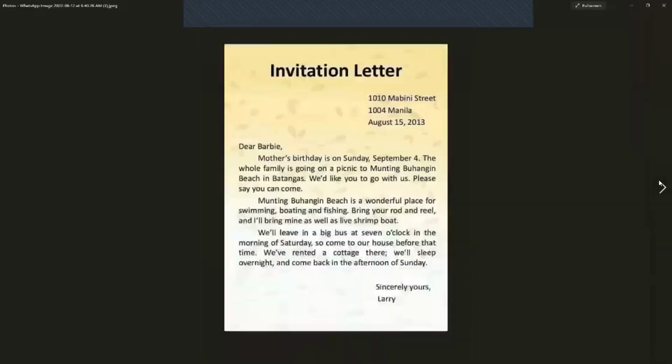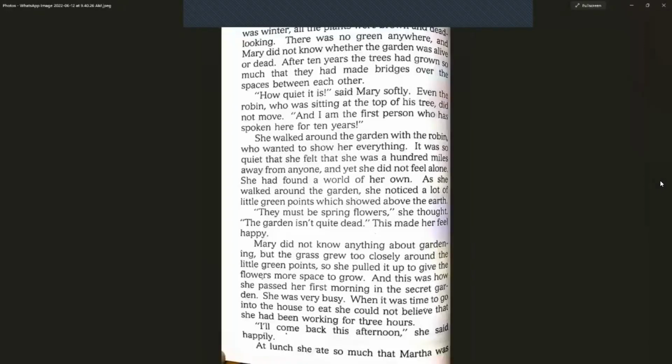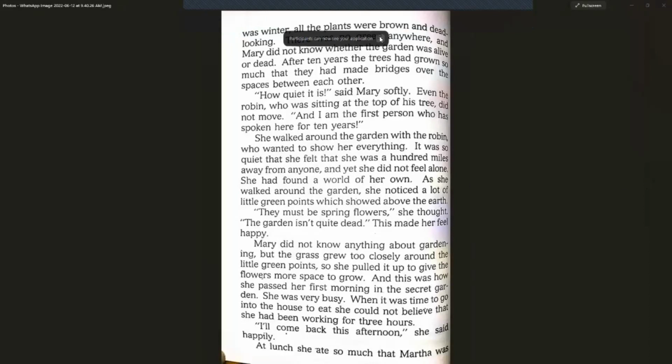Then you will feel it's interesting. Actually, it's so much interesting. So I think we have to do this one. Right, so Mary is there in the garden and we are going to watch that chapter next day.